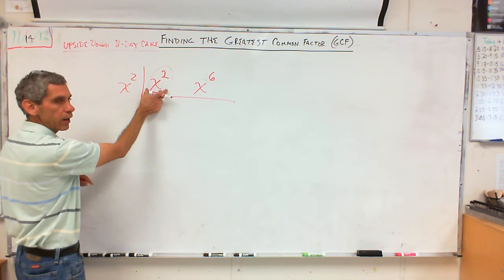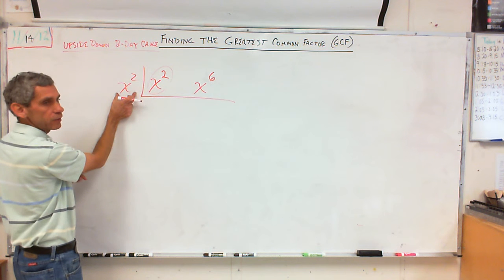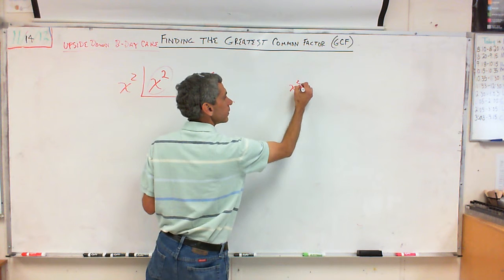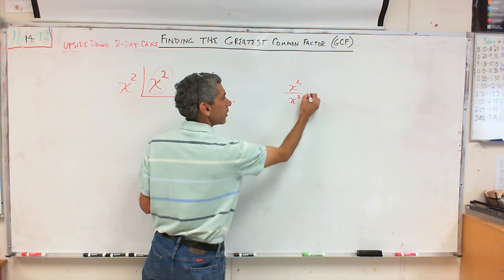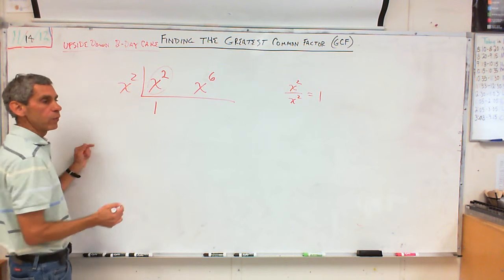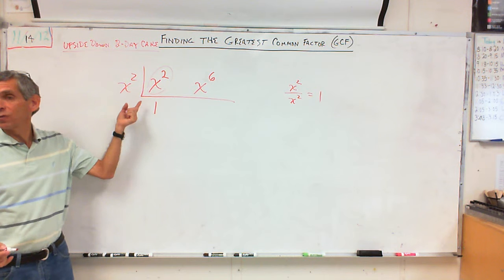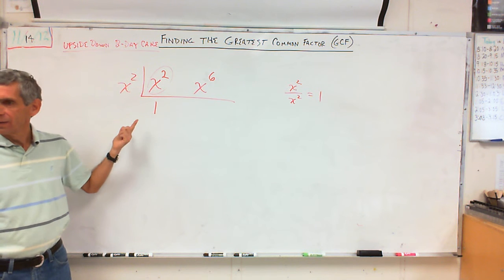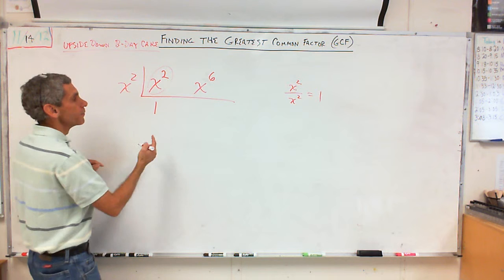What would x squared divided by x squared be? 1, right? The same thing on the top and the same thing on the bottom is going to be 1. So I'm going to put a 1 here. Or another way to ask it is x squared times what is equal to x squared? x squared times 1 is equal to x squared, right? Makes sense, right?